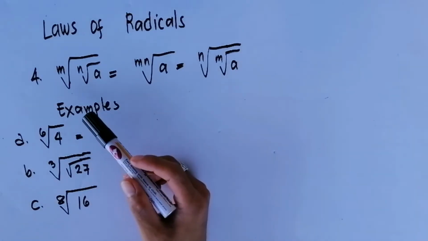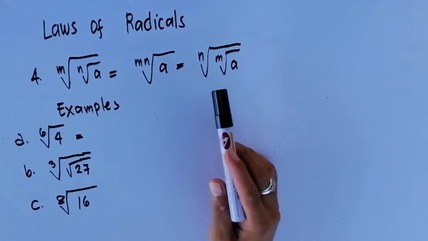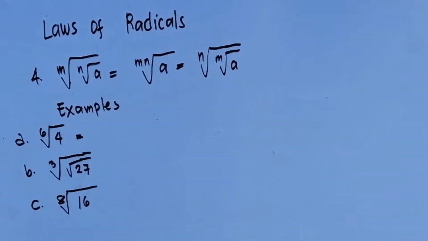So the nth root of the mth root of a equals the mnth root of a. Okay, examples.